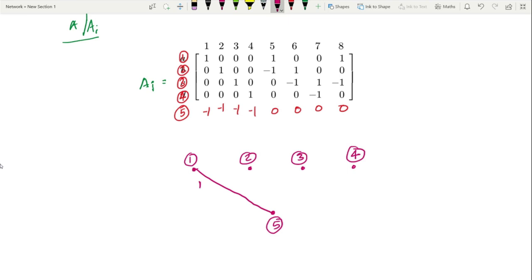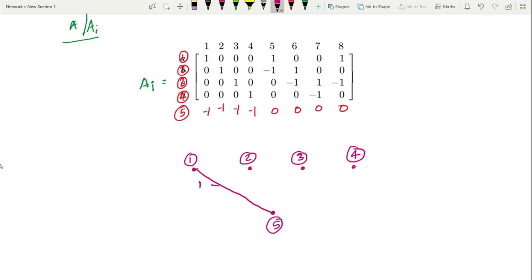Now let's fix the direction. Here it is seen that with respect to node 1, this entry is plus 1. So plus 1 indicates current is going away from this node. We are considering node 1. So with respect to node 1, this is plus 1. Plus 1 means the current direction for this branch is going away from this node.